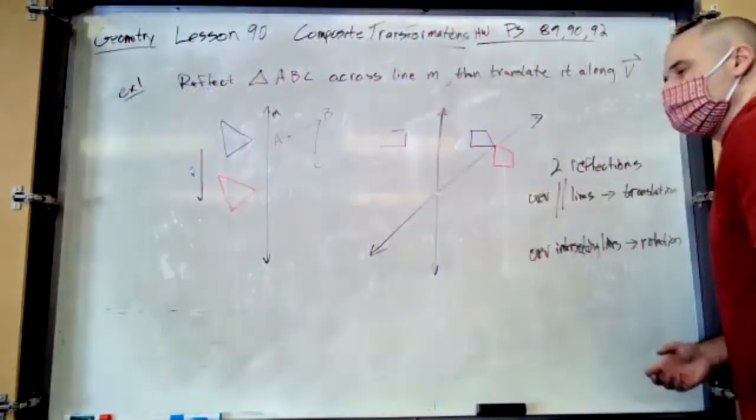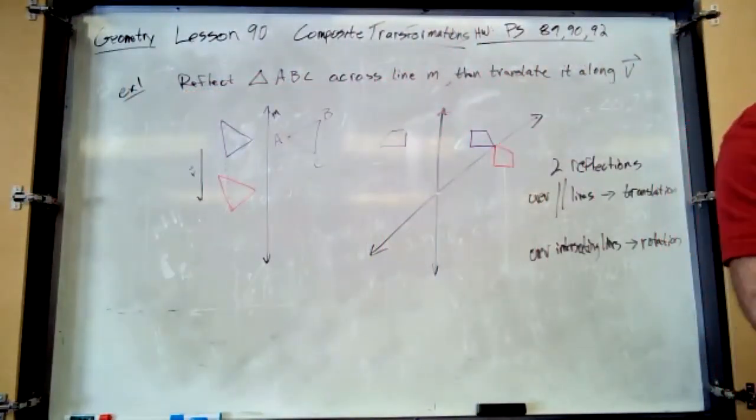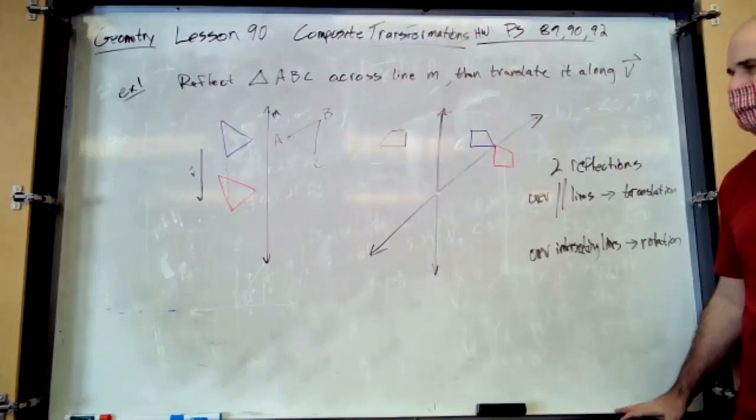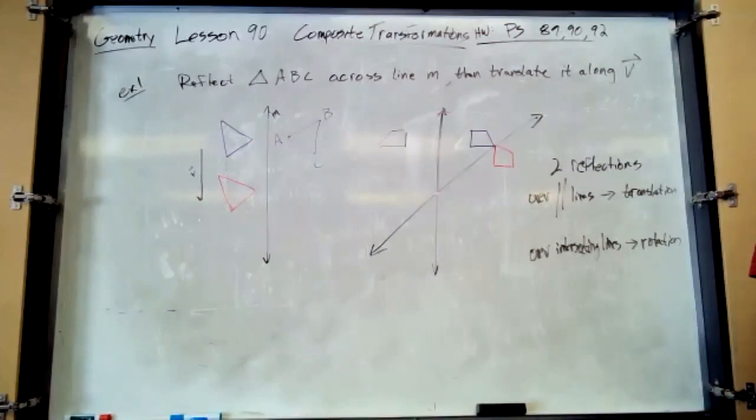So when you do two reflections, basically any transformation can be put together by just doing reflections. You don't have to rotate anything. You don't have to slide anything. You can just do reflection. So you can build any transformation, any reflection, or any rotation by just using reflections. Either reflecting over parallel lines for a translation or slide, or reflecting over intersecting lines for a rotation.